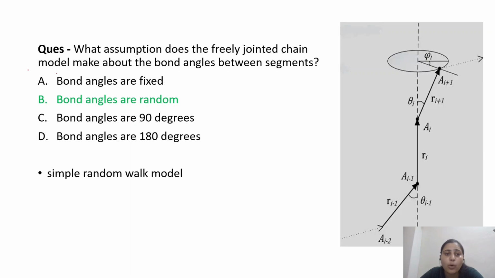So the bond angles are random here. That's why it is also called the simple random walk model, because it is the simplest model, and here the polymer can walk randomly and have random bond angles.